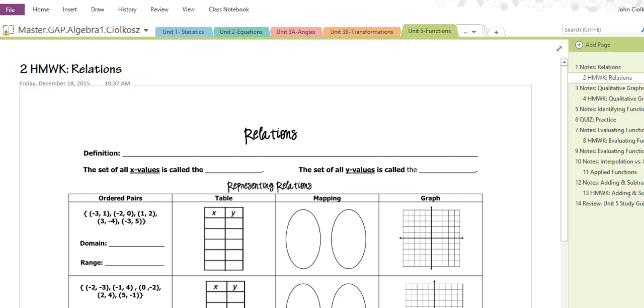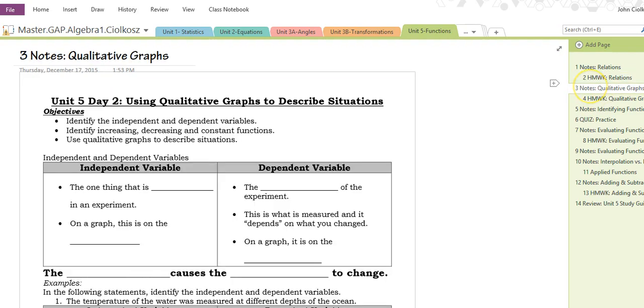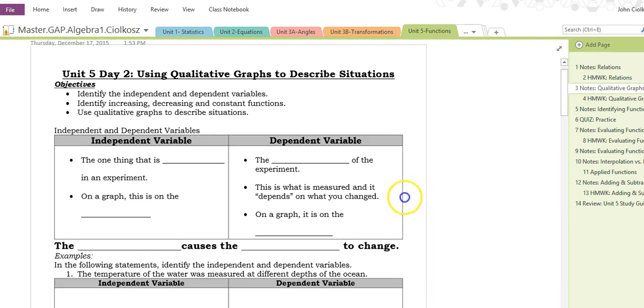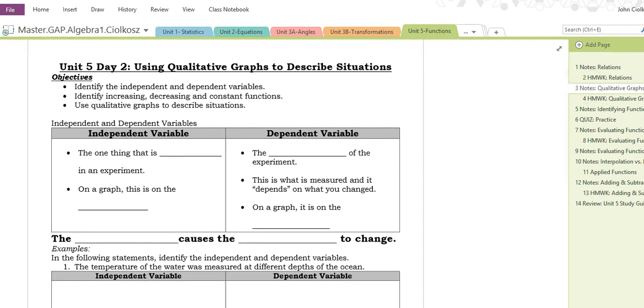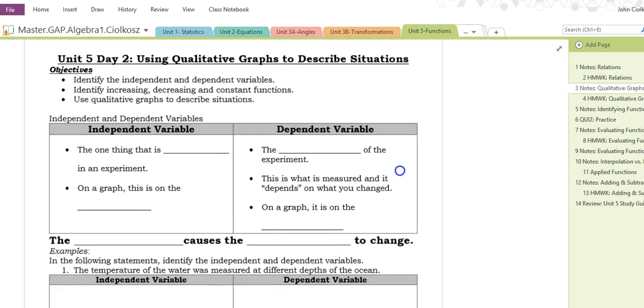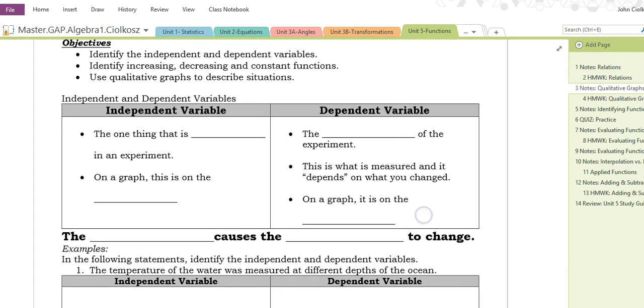From here, we're going to move on to 3 for some more notes. Okay, here's when we use a qualitative graph to describe a situation. Alright, a little bit of vocab. Independent versus dependent. The independent is the one thing that is measured, or what we're counting by.